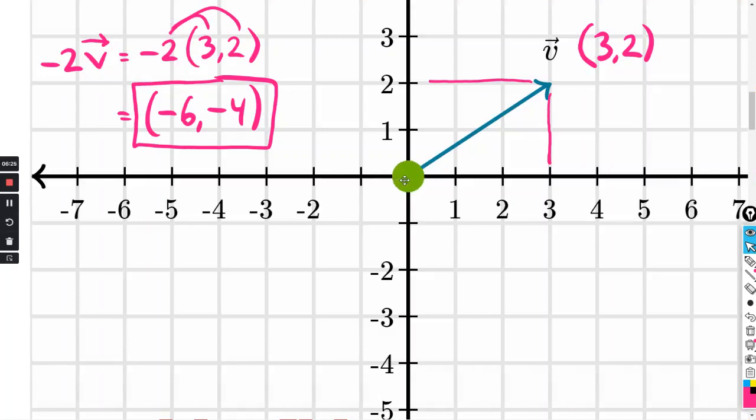So here we have negative 6, negative 4. We take our dot. We go negative 6 on the x-axis. Just click and hold it down and drag it. And then we go negative 4 on the y. 1, 2, 3, 4. Negative 6 and negative 4. I hope that's what they meant by endpoint.